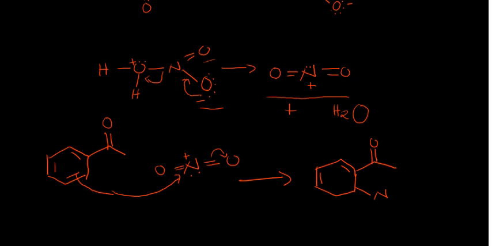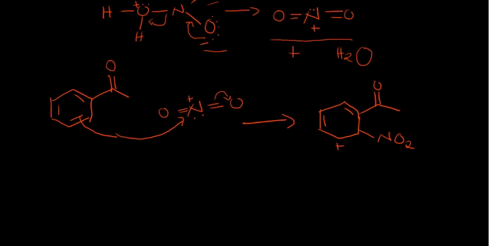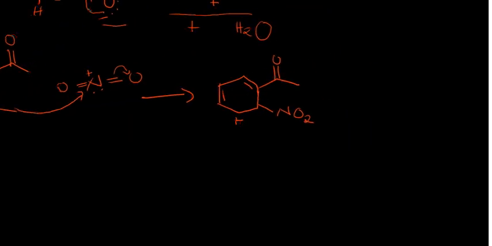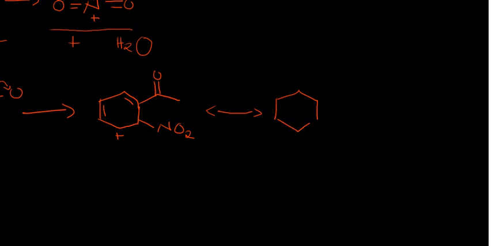Having this, it will resonate. Resonance will start to happen here, and you're going to form resonance structures where the double bond can alternate inside the ring.